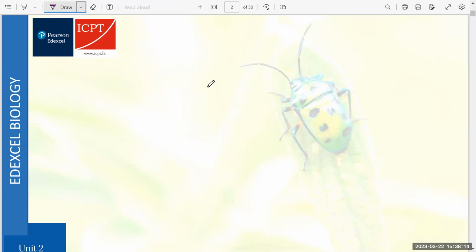So then other sperm cannot enter, only one sperm cell can enter into the ovum. This is called preventing polyspermy. Cortical reactions are important to prevent polyspermy. Up to that, we have learned last week.